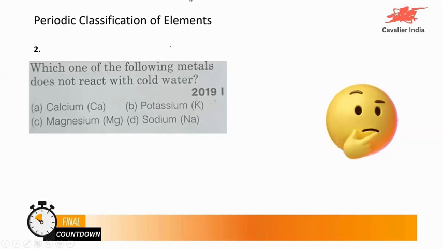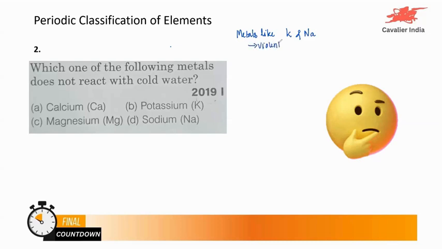Based on the reactivity series, different metals show different reactivity with water. What is the reactivity of metals at the top of the reactivity series, for example potassium and sodium? They react vigorously, violently, with cold water.